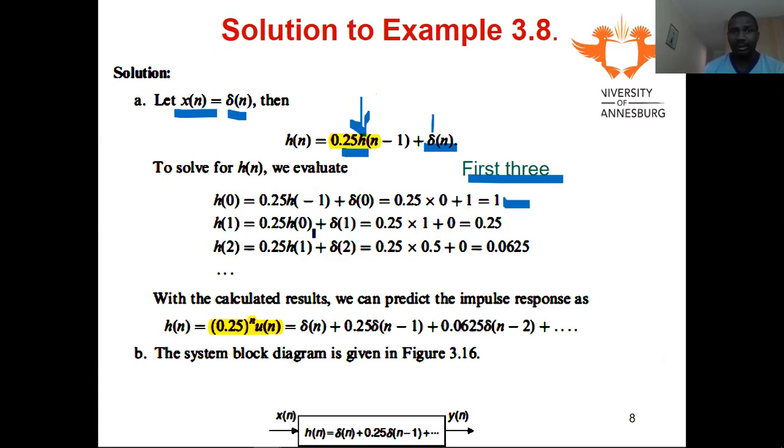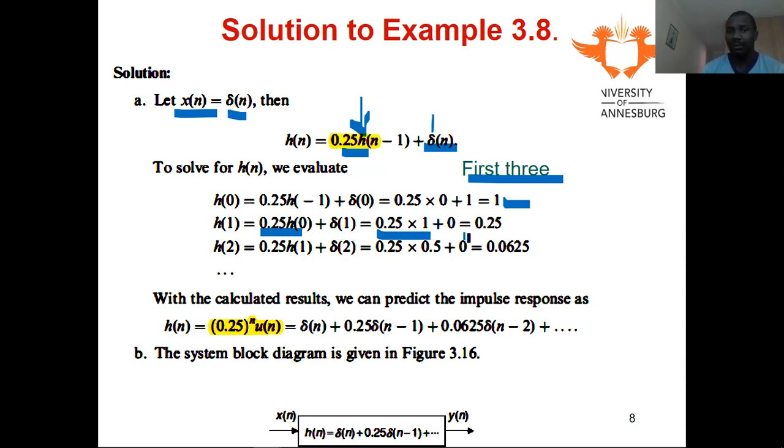On the next one, we are not talking about y of minus 1. It's not an initial condition anymore. You move away from that and you're looking at h of 0 and then you add. So that 0.25 will count, multiplied by 1. And then when we look at that delta at 1, it became 0.